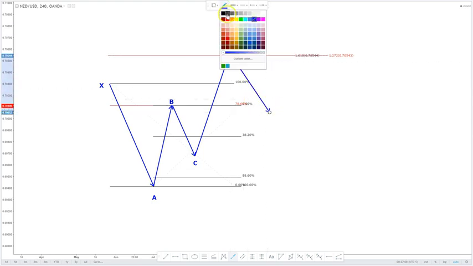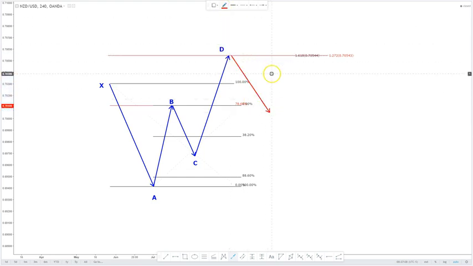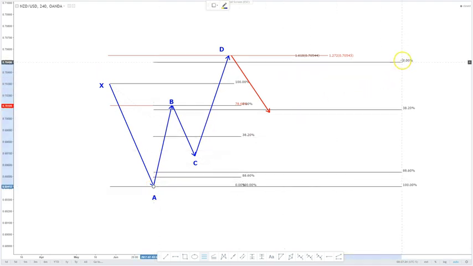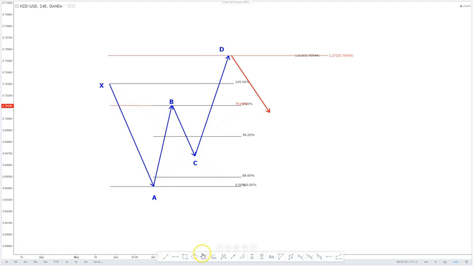Let me color this differently. So where is our take profit going to be? Remember, A to D or C to D. C to D is for conservative traders, and then A to D will be for a little bit bigger targets. So A all the way to D. Actually, let me do it over here.